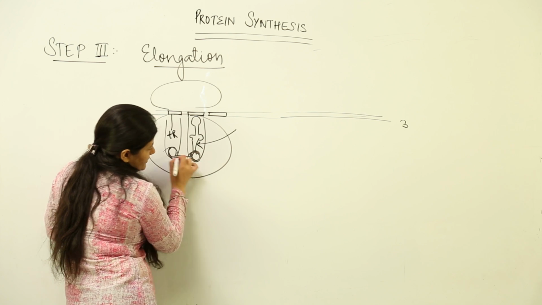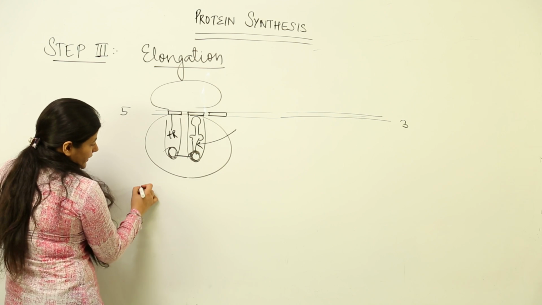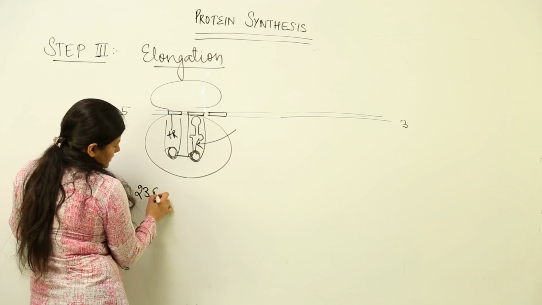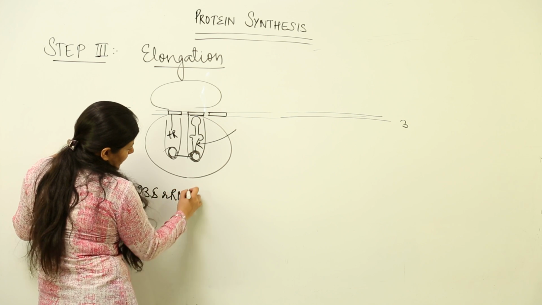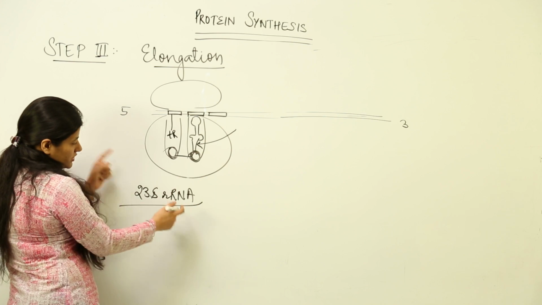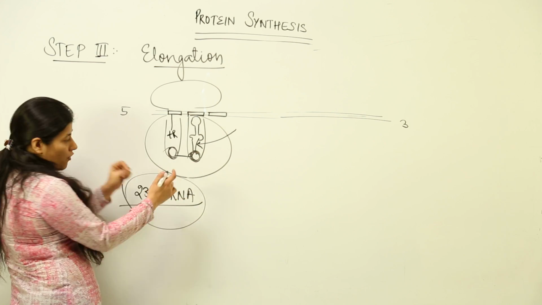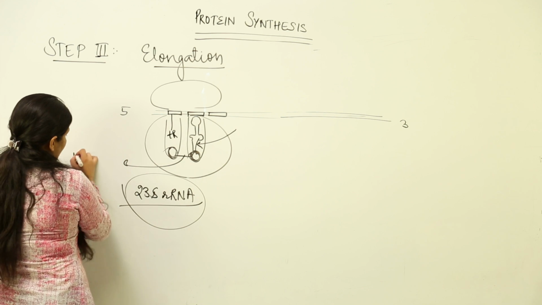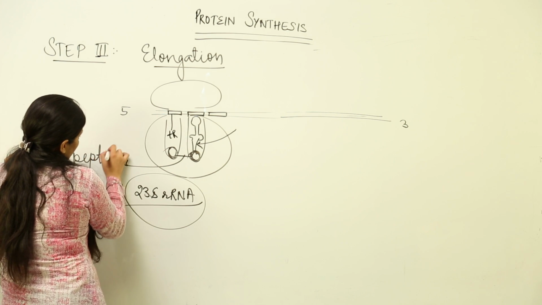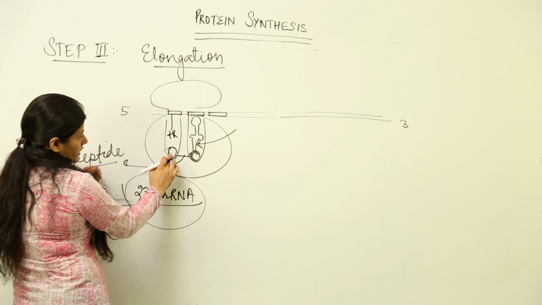There is a peptide bond formation by the agency of 23S rRNA. It catalyzes it. It is present in the larger subunit. So, this part of the ribosome catalyzes the formation of what? Peptide bond between two amino acids.